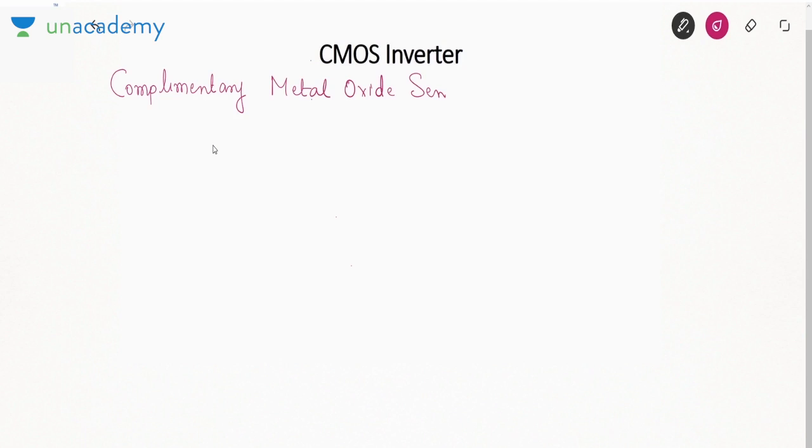Now in MOSFET, we know there are two types of MOSFETs existing, PMOS and NMOS. CMOS is made from both types of transistor, that is PMOS and NMOS. That is why it is called complementary MOS.